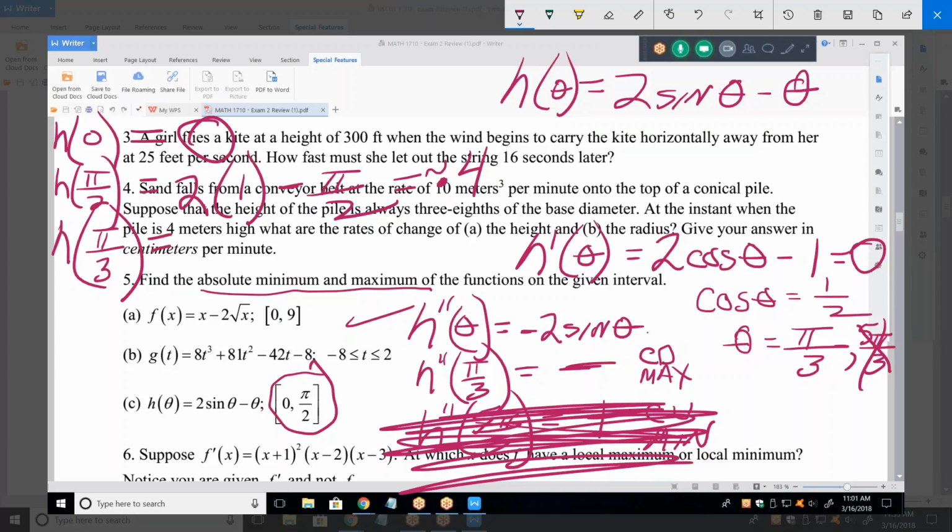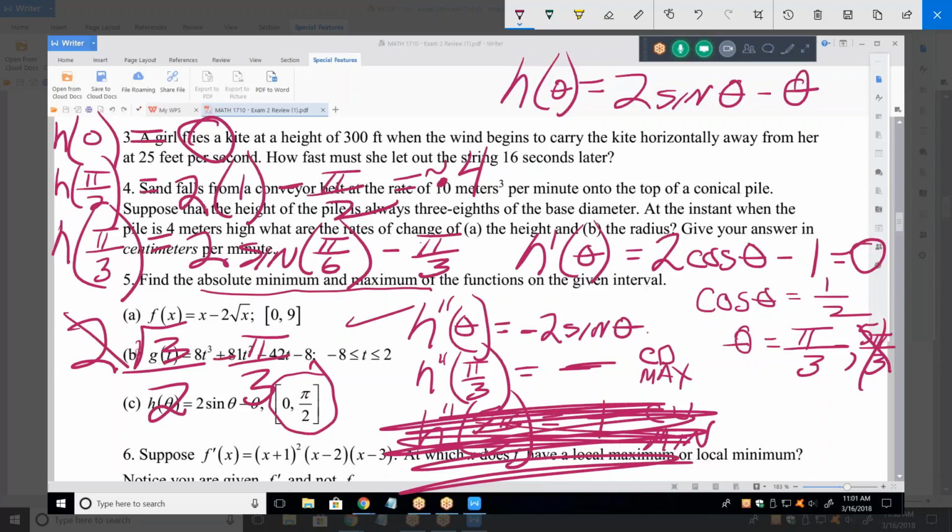And finally, we got to analyze our point in the middle. So we have 2 times the sine of pi over 3, which is root 3 over 2, minus pi over 3. So we've got 2 times root 3 over 2 minus pi over 3.